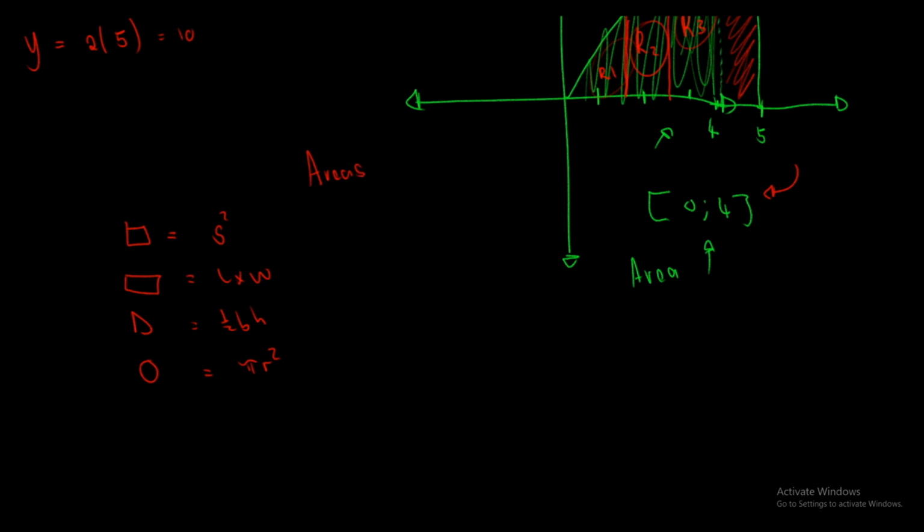And then a semicircle would be pi radius squared divided by 2. And then what else is missing? Oh, trapezoid, of course, where we have half of the height, multiply the sum of the two parallel bases.